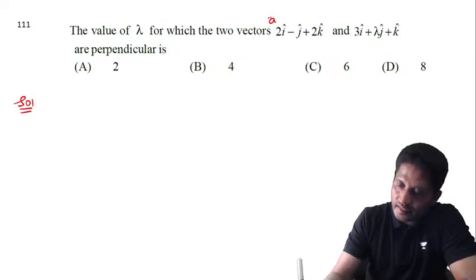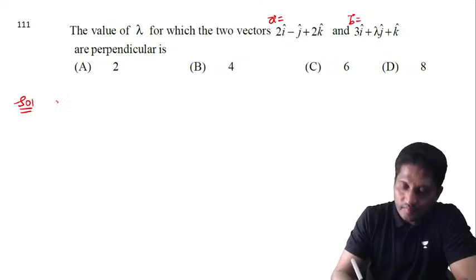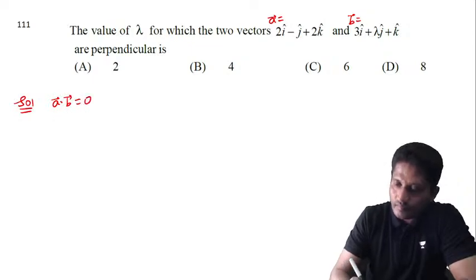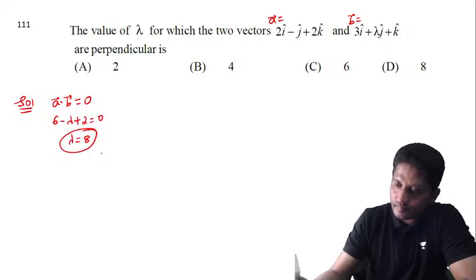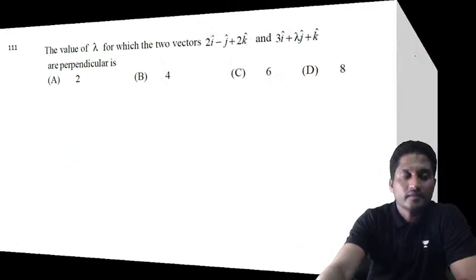This is vector A, this is vector B. If they are perpendicular, then A dot B should be 0. That is, you get 6 minus lambda plus 2 is equal to 0. You get lambda is equal to 8. Answer is option D.